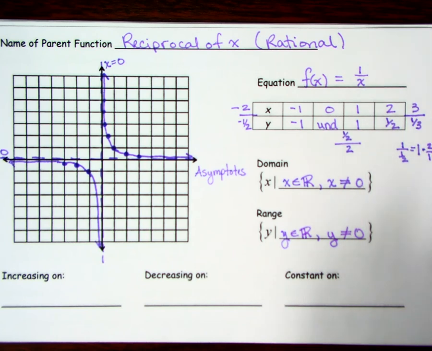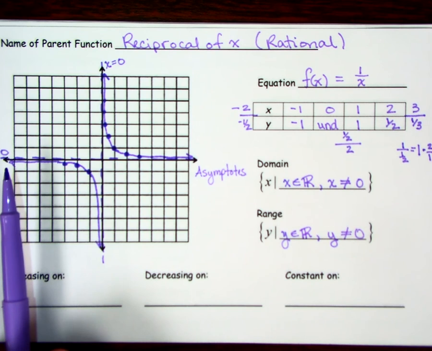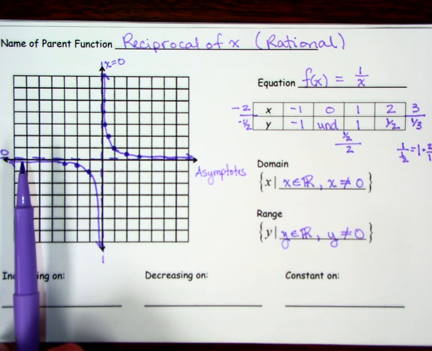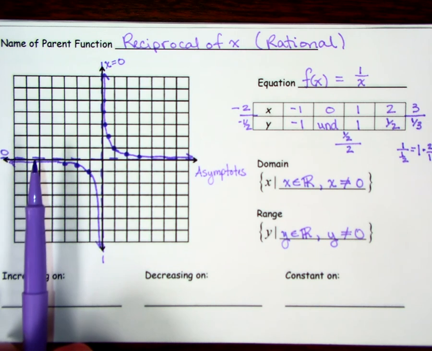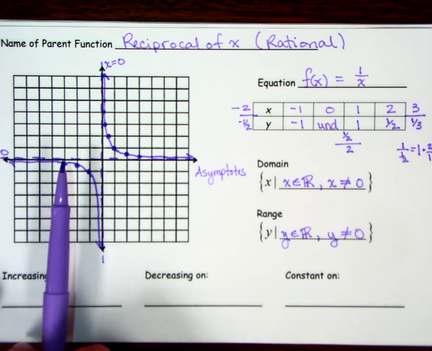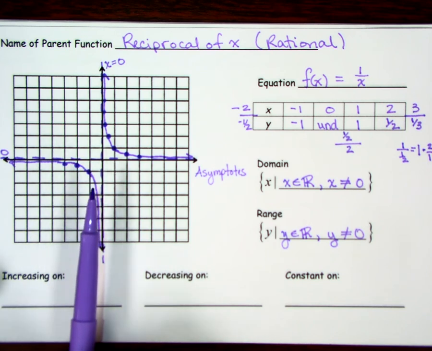Now I want to look at intervals for increasing, decreasing, and constant. I have to move from left to right on the graph in order to determine that. If my pen has to move upward to draw the graph, then I would say it's increasing. If it has to move downward, then it is decreasing. So here, very slightly, my pen is moving downward as I move from one place to the next, from left to right.